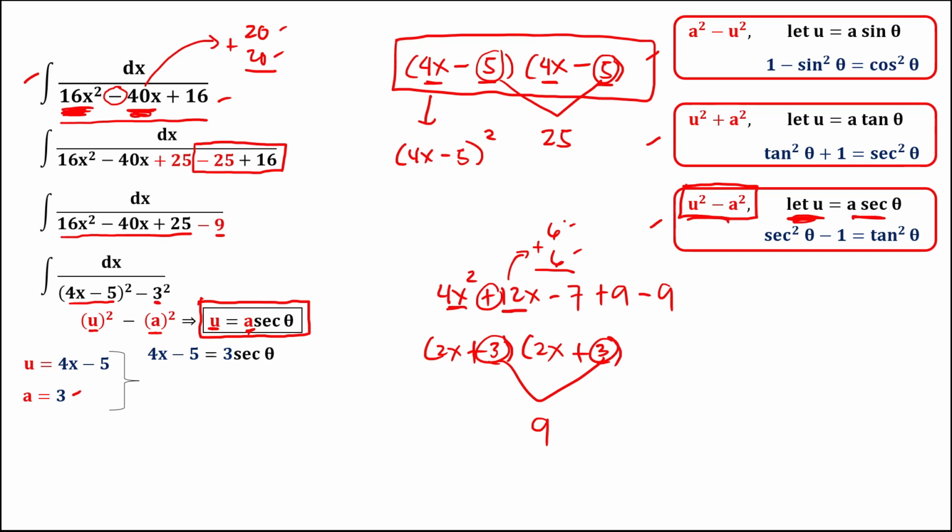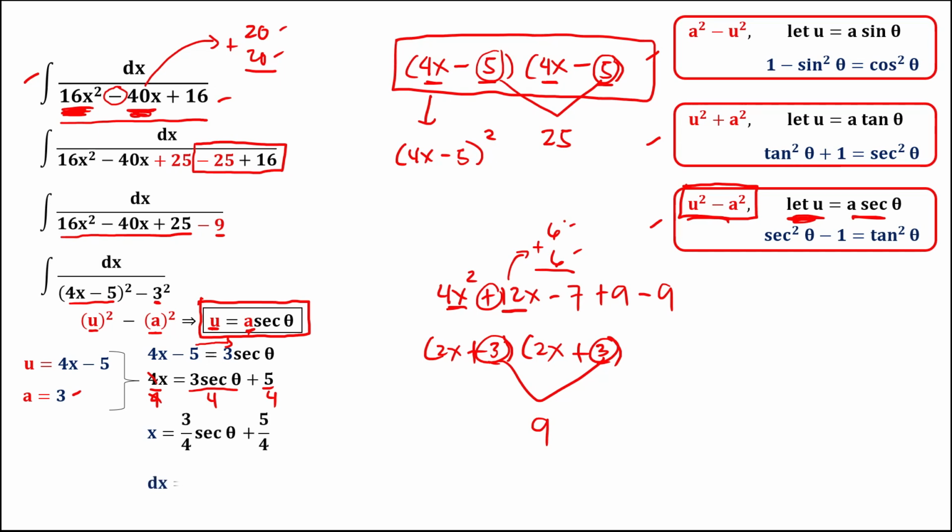Then to solve for x, we need to transpose this negative 5 to the other side. So this becomes positive 5. And to solve for x, divide every term by 4. So x equals 3 over 4 secant theta, plus 5 over 4.